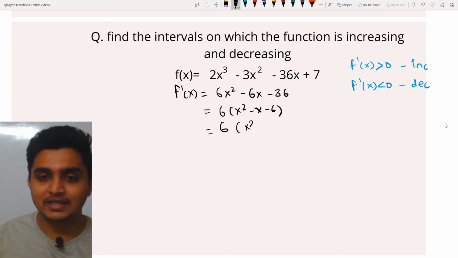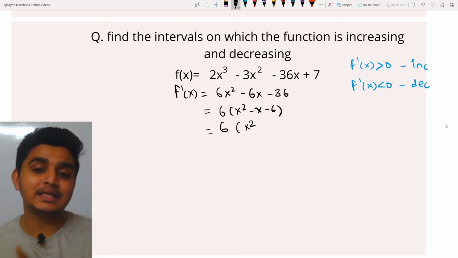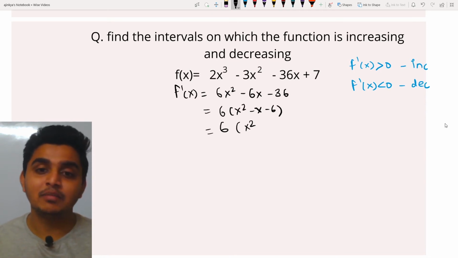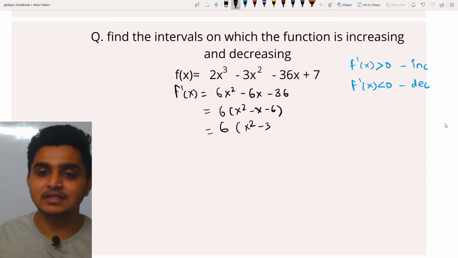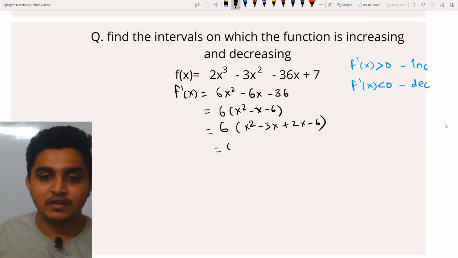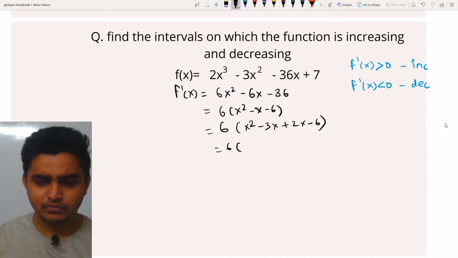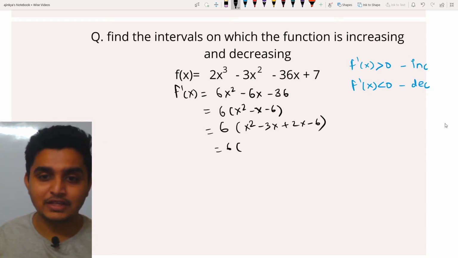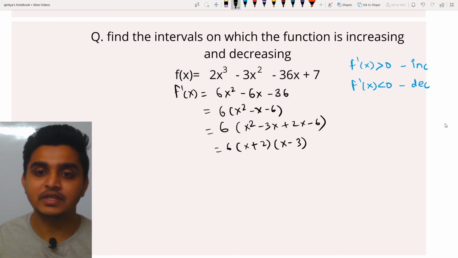So it is going to be x square, so the product is 6 and the sum is minus 1, so you can say this is minus 3x plus 2x minus 6, and if we factorize this, we get, in the first we have x common, and in the second we have 2, so we have x plus 2 times x minus 3, isn't it?